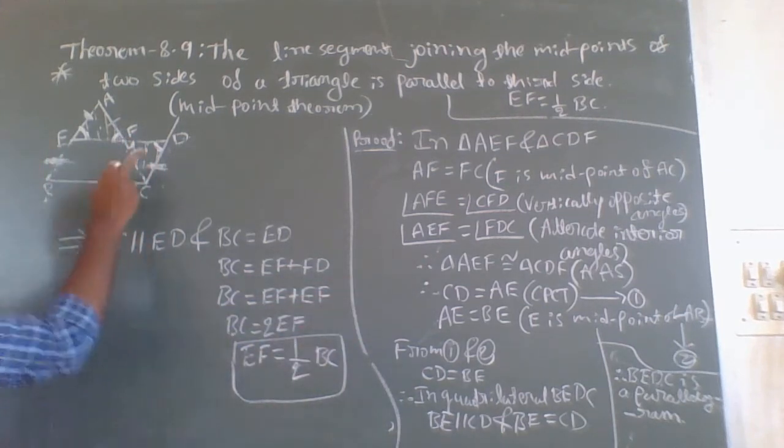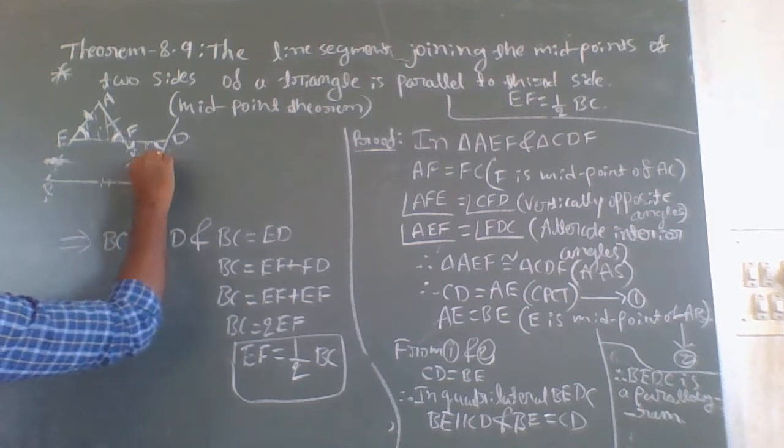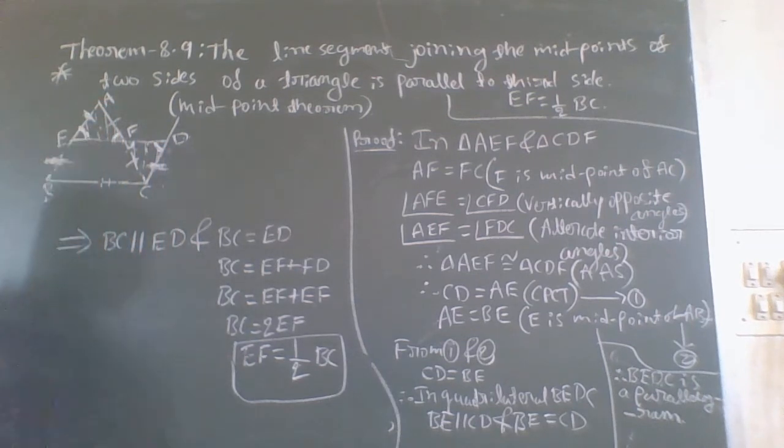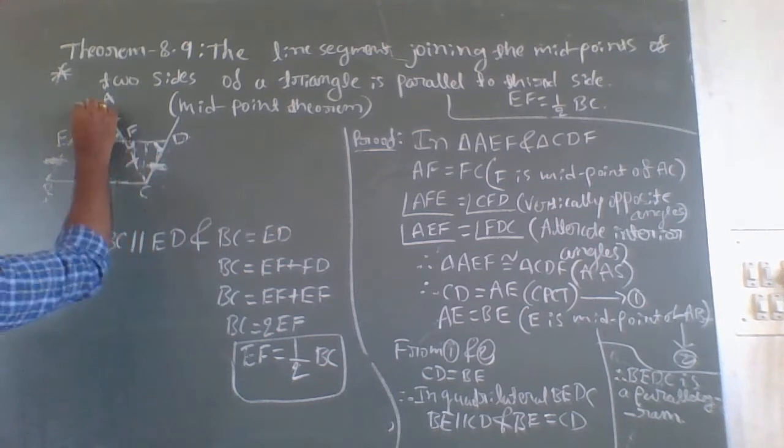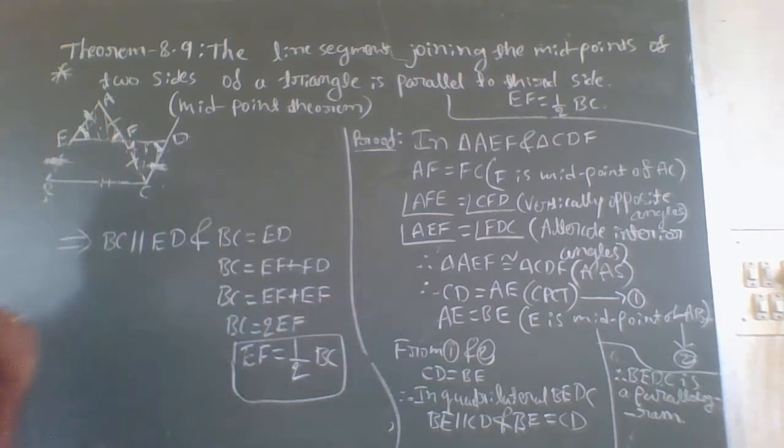If these two triangles are congruent, then these two sides are equal because of CPCT, corresponding parts of congruent triangles. And we know that this E is midpoint of AB, therefore these two sides are equal.